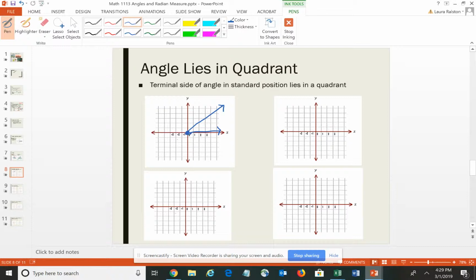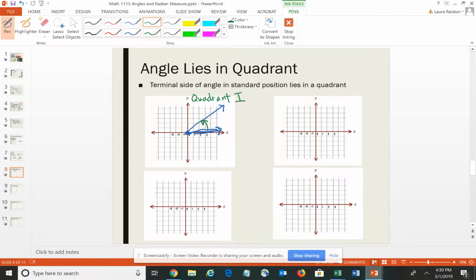okay? So I have my vertex on the origin, my initial side, and I'm going to indicate that I rotated counterclockwise. And notice that the terminal side is in the top right quadrant. And hopefully you remember from your algebra days that the top right quadrant is quadrant 1.